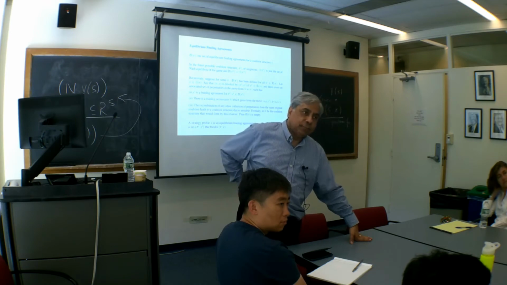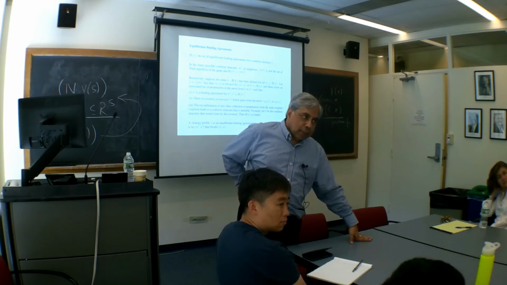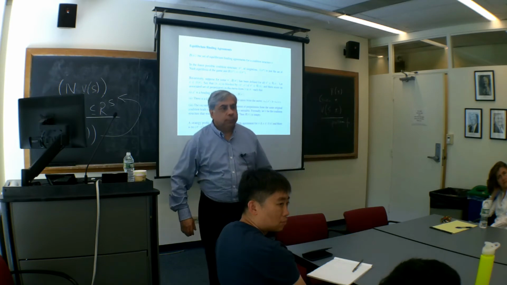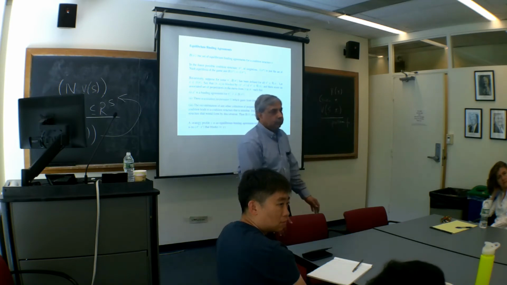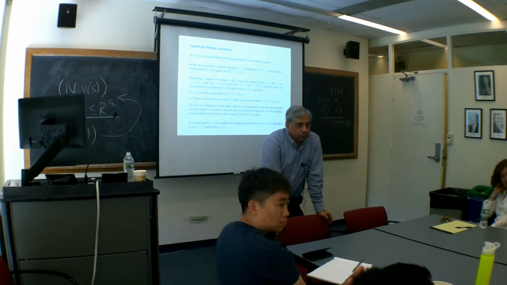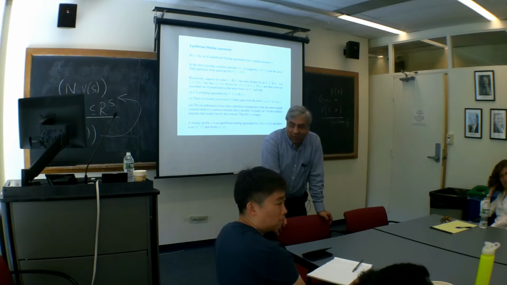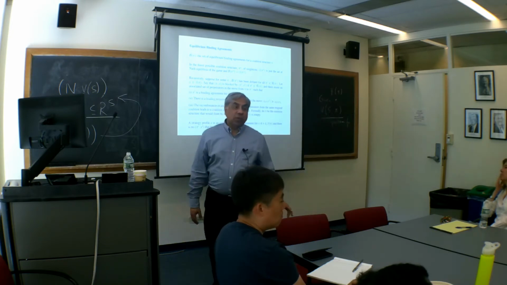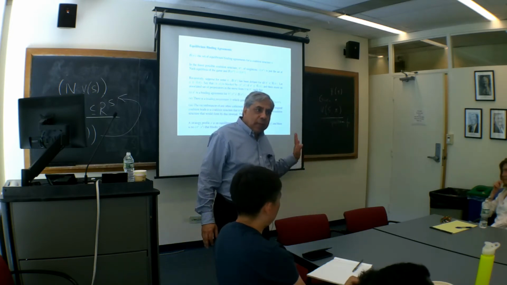Sometimes it looks like your beta of pi. And we want there to be no profitable move to a pi prime that improves the utility of everyone. No, that doesn't work. It cannot be everyone. That's too much. But sometimes it is possible to simplify this.